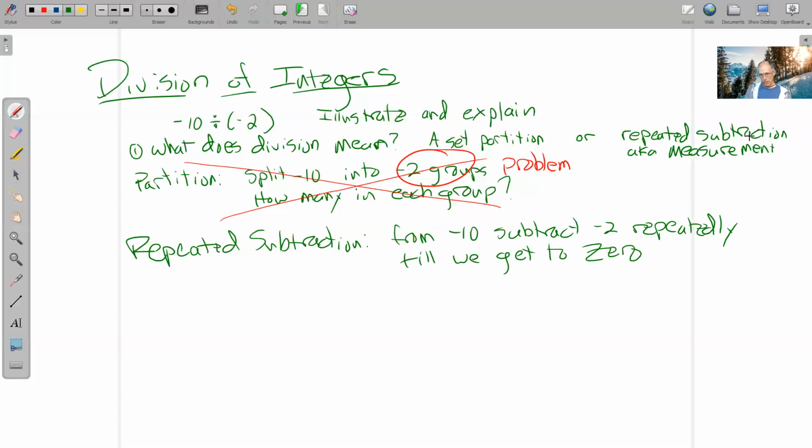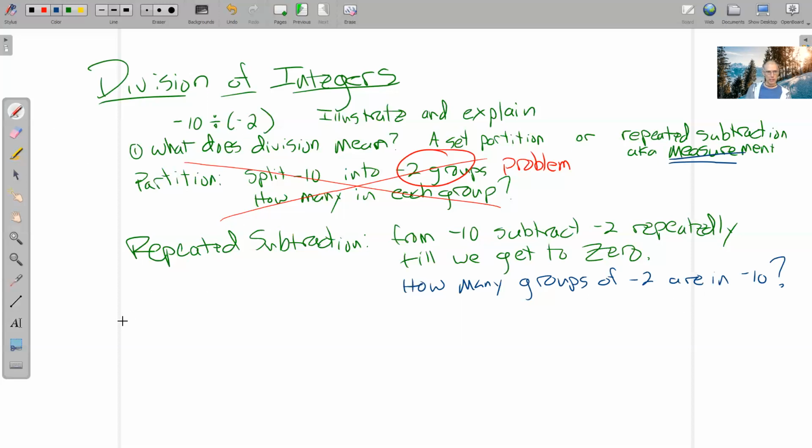So that's like direct repeated subtraction. The measurement approach is similar, but slightly different. The alternative way would be: how many groups of -2 are in -10? That's more of what the book called the measurement approach.